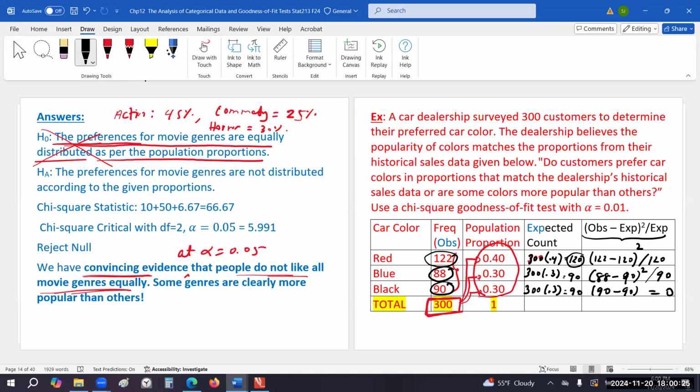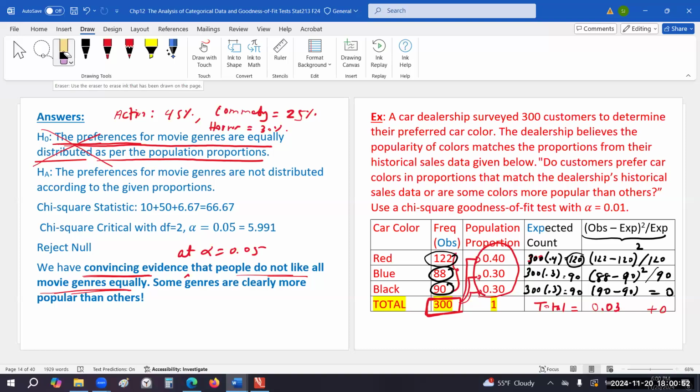So basically, we just have to find the first two. So the total sum, what do we have for the first one and second one? The last one is 0. 0.03. And then the next one, minus.